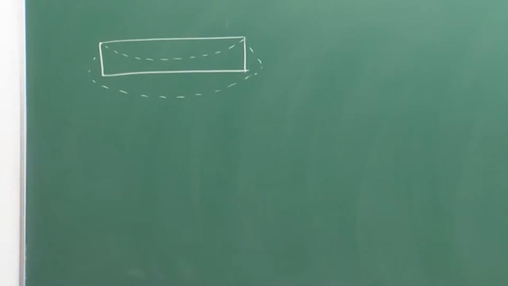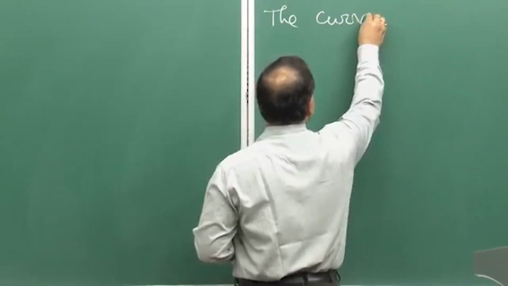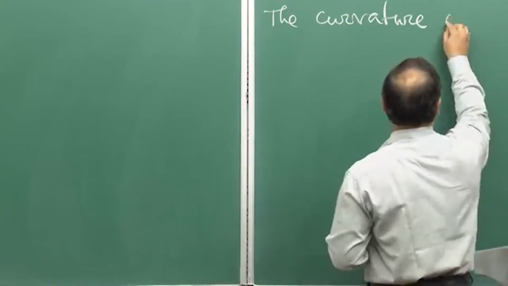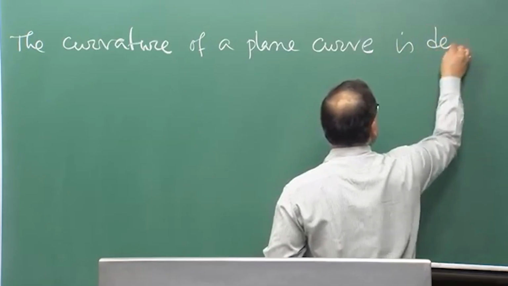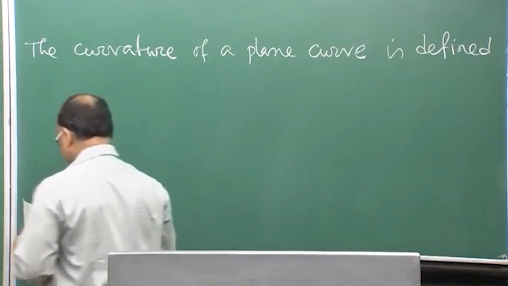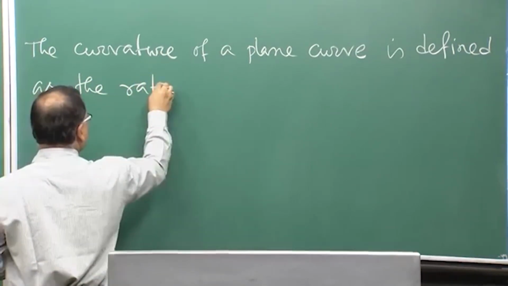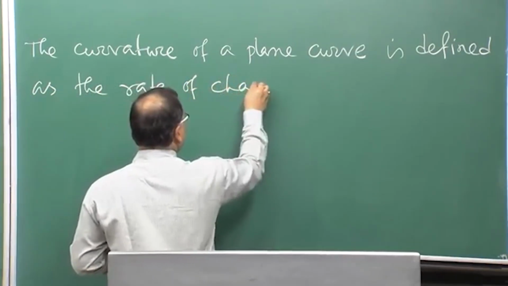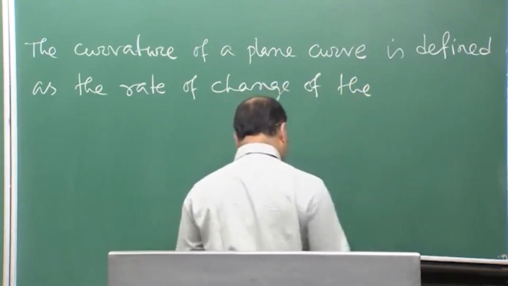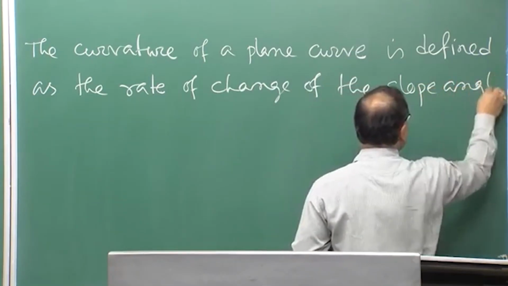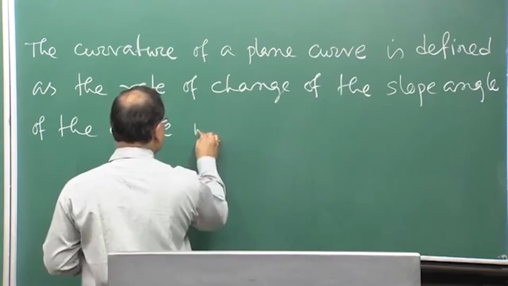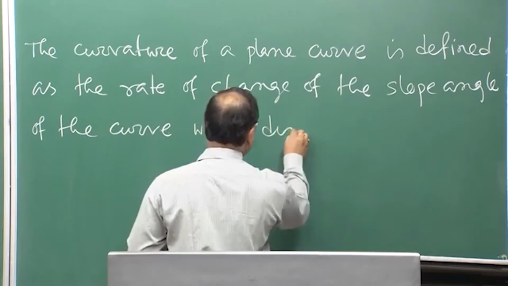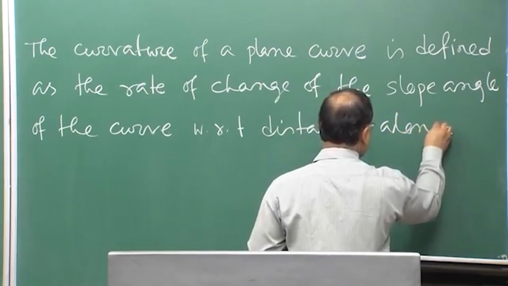What do you mean by curvature of a curve? As you know from your mathematics, the curvature of a plane curve is defined as the rate of change of the slope angle of the curve with respect to distance along the curve.